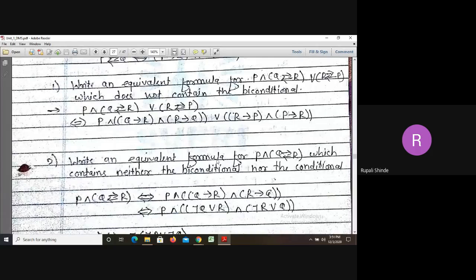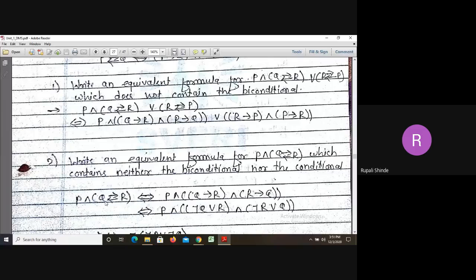Write an equivalent formula for P and Q biconditional R which contains neither the biconditional nor the conditional. It means they want us to convert this formula into its equivalent formula which will not contain any biconditional as well as conditional. So how can we write it?